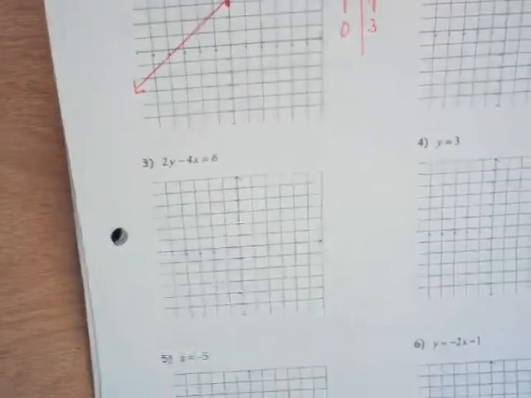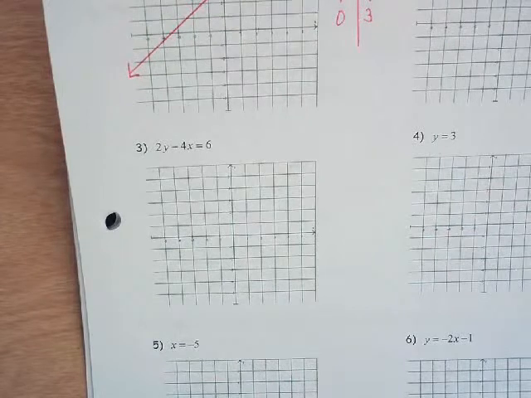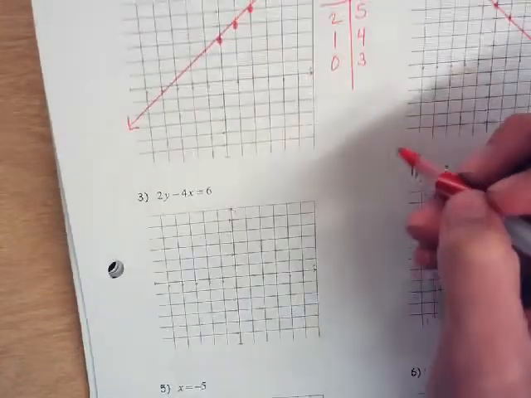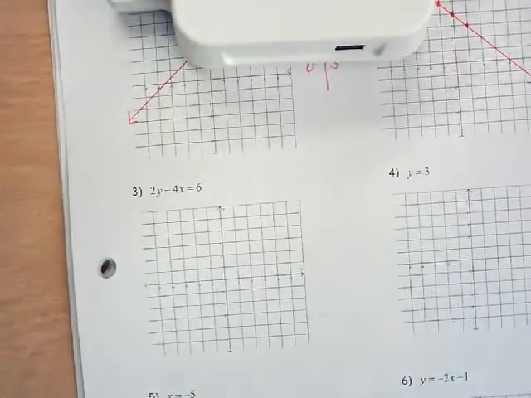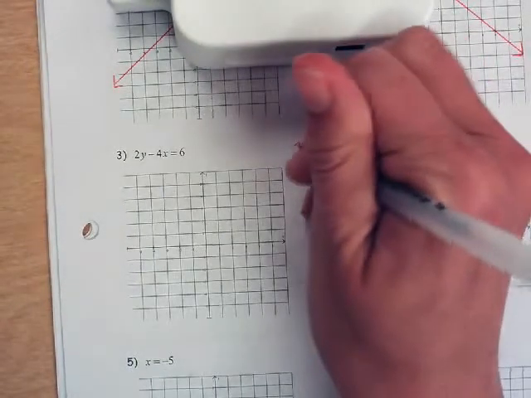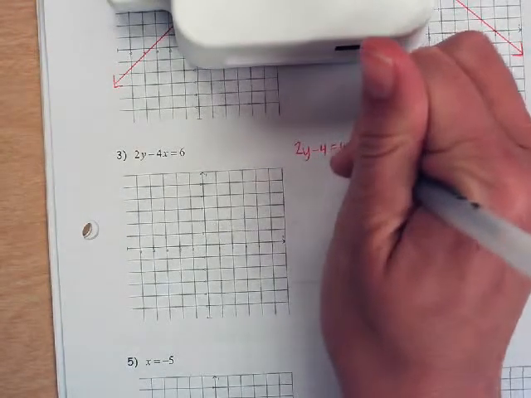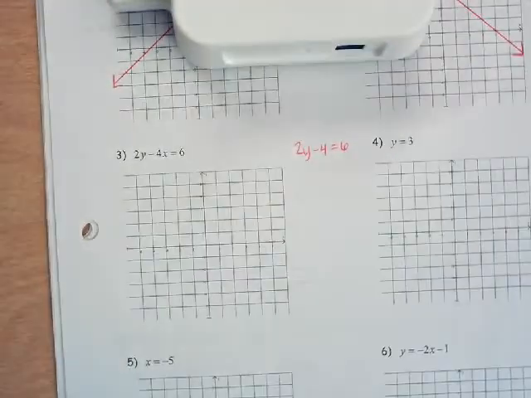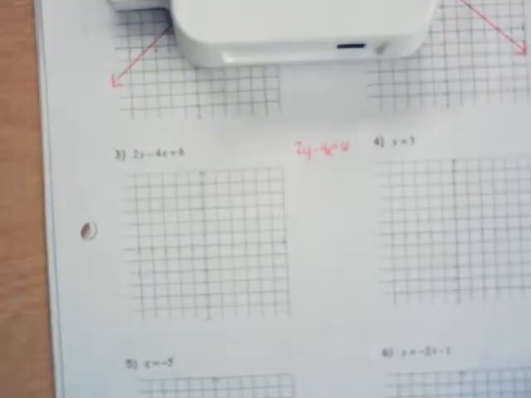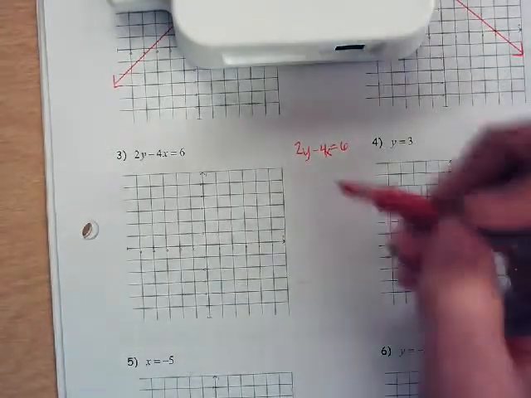Number 3. So the first step is to get y by itself. So I'm going to rewrite this over here just so I have a little bit more to work. So 2y minus 4x equals 6. Okay, now I'm trying to get y by itself. So I'm going to circle my y right here.